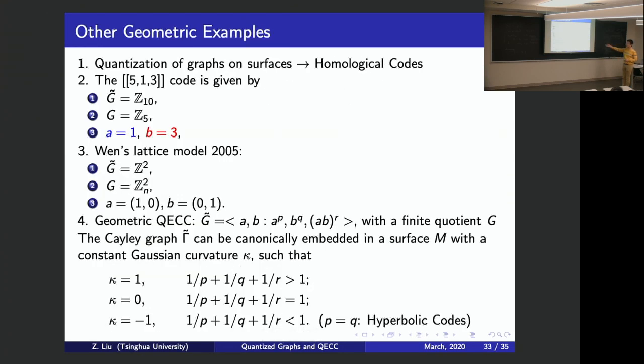For this group, it's still topological because this group is very good. The Cayley graph can be embedded in a surface, and this is very naturally embedded. Actually, it's a geometric embedding. But in general, if you start with some other groups, it's not necessarily embedded in some surface. The theory becomes more complicated, and essentially it's no longer a 2D theory.